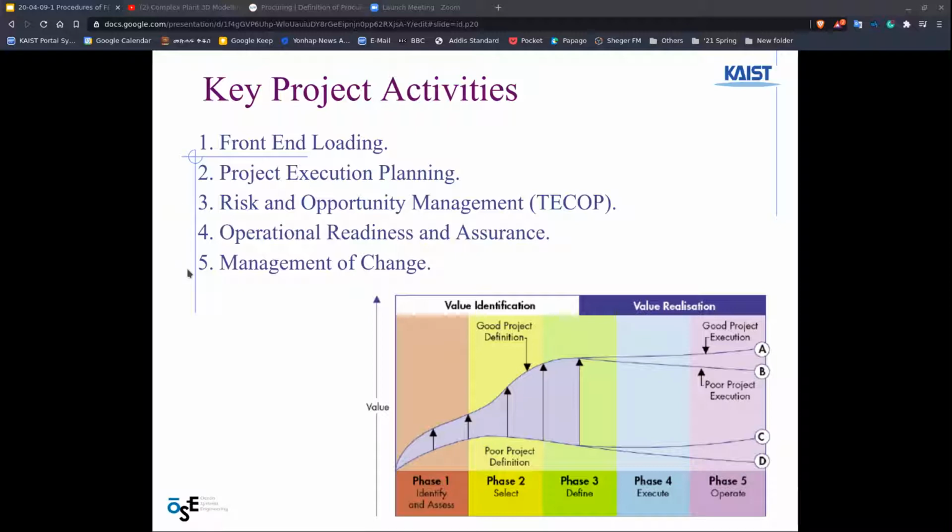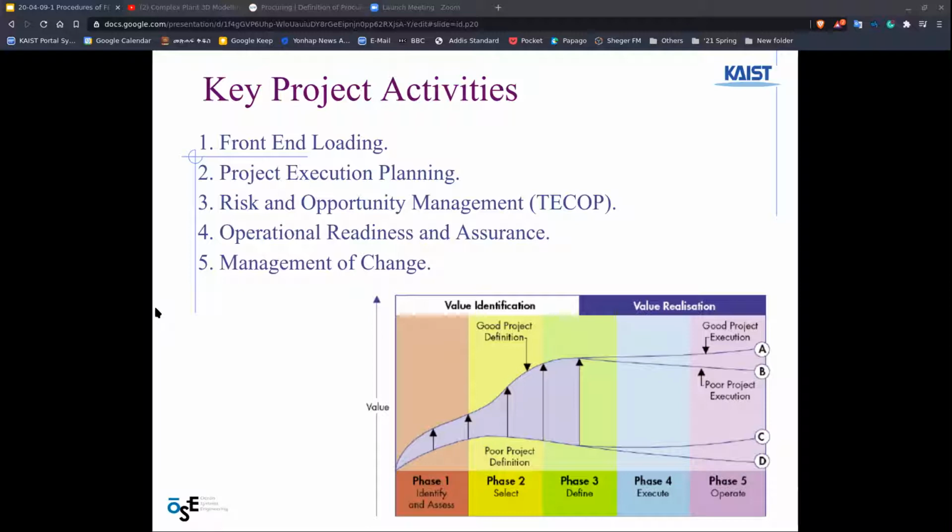Here is once again a similar process as we have seen before. There are five phases: the first one is identification, the second is selection in yellow, then defining, execution, and operation.